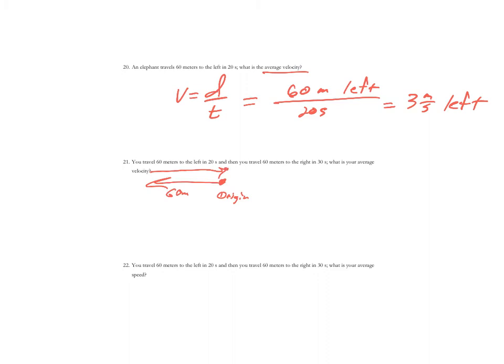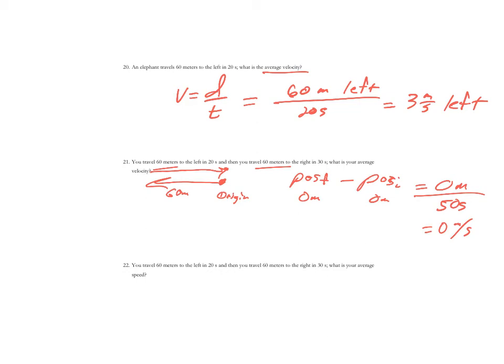So my final position, I would be at the origin again, right? Final position minus initial position. I'm trying to go fast and I get sloppy, I apologize. Equals 0 meters divided by how many seconds it took me, which is kind of irrelevant at this point. And it's 0 meters per second.